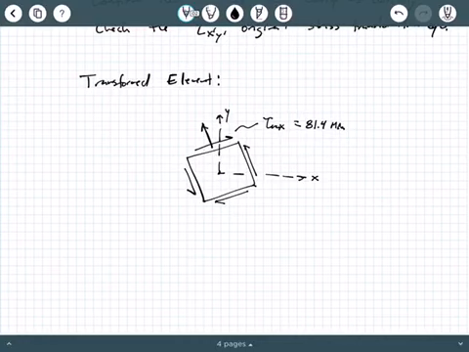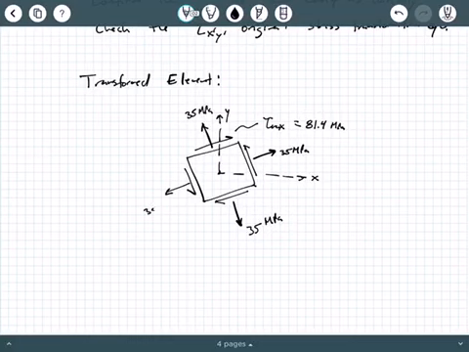And then my maximum shear stresses are going to be kind of like this. And then this is tau max, equaling the 81.4 megapascals. And there is an associated average normal stress, and it was a positive 35 megapascals.